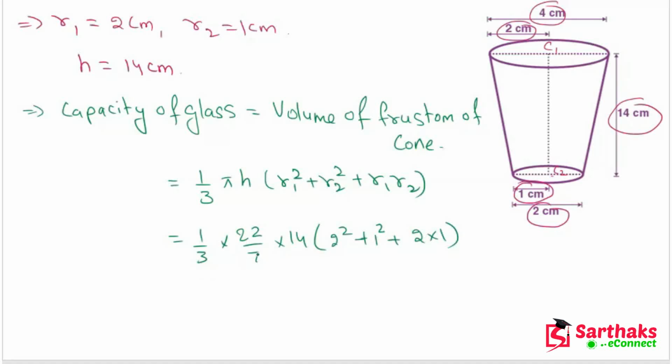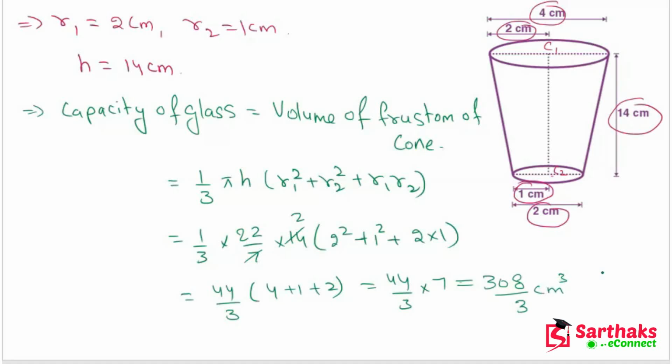If we solve this, from 7 we can divide 14 by 2 times. So we have 44 upon 3 into (4 plus 1 plus 2), so we get 44 upon 3 into 7. So this will become 308 upon 3. This is our answer: 308 upon 3 centimeter cube. This is the capacity of the glass. I hope you get this point.